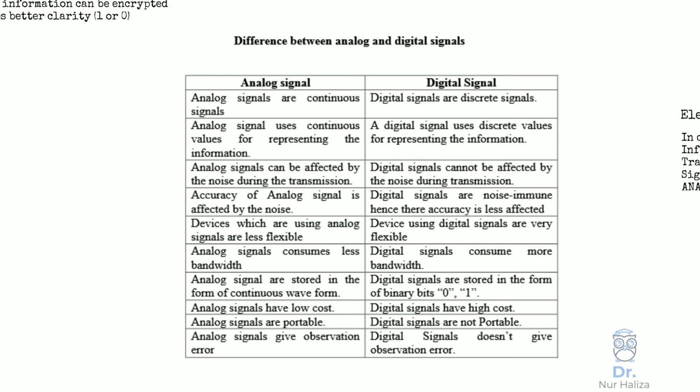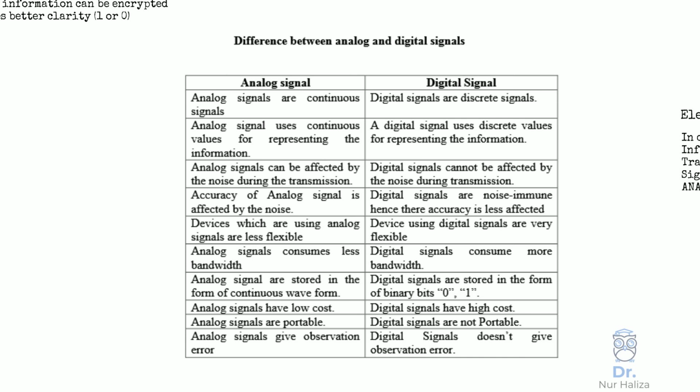Analog signals can be affected by noise during transmission, while digital signals are not affected by noise during transmission. The accuracy of analog signals is affected by noise, while digital signals can be said to be noise immune, because they are less affected.